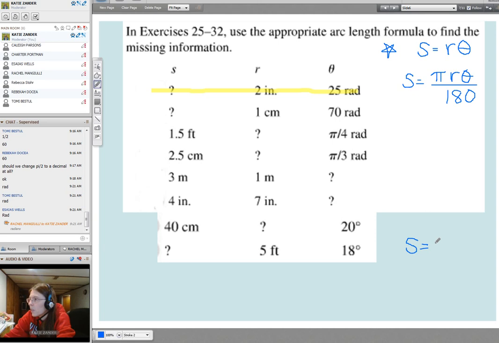Arc length equals your radius of 2 times theta, which is 25. So 2 times 25 should give us 50 inches, it looks like, because that is what we're working in for the radius there. So 50 inches for the arc length of that circle, or part of that circle, I should say. All right, questions on how we did that first one?